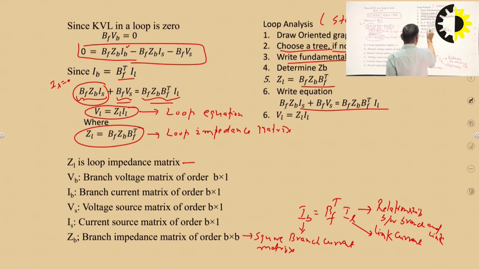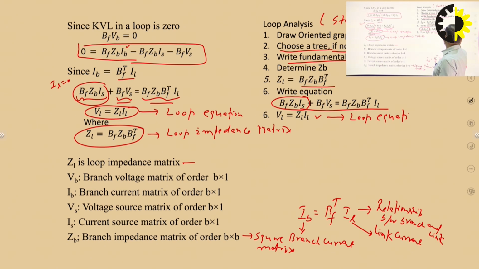Remember, if there is any current source present in the network, convert it into its equivalent voltage source, just to ease the matrix multiplication. Otherwise it will take a lot of time. And this is your loop equation, so this you have to find.